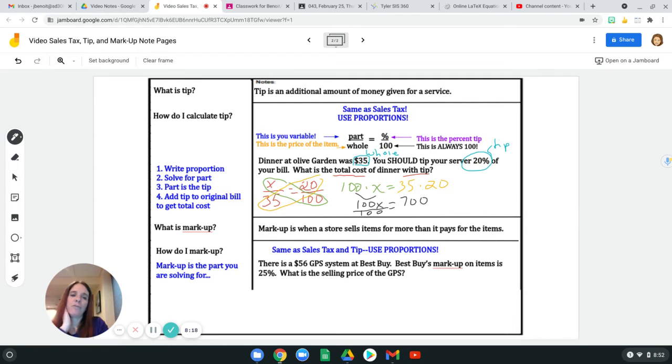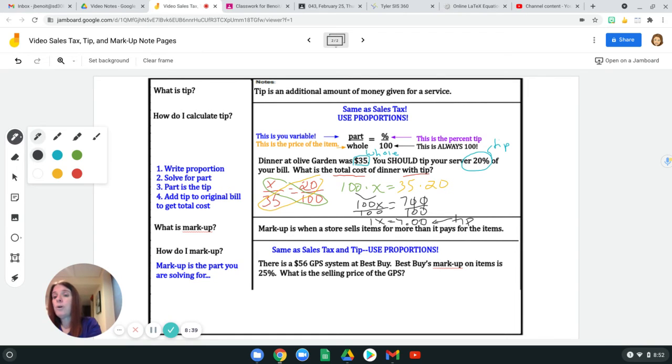Divide by that coefficient of 100. So we get 1x equals, powers of 10, you gotta love them, 7. Now that's actually $7. So make it look like money. This is your tip. Okay.